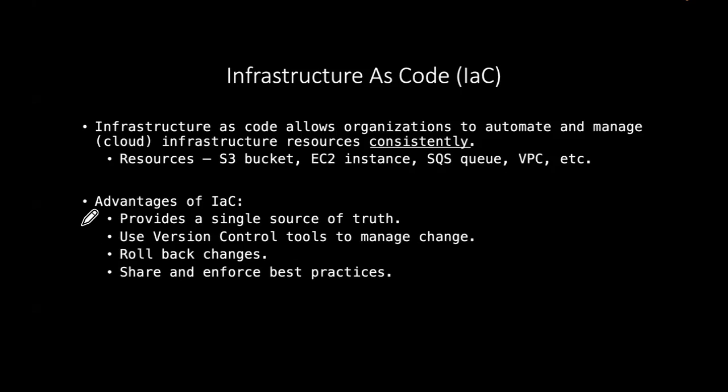So we get all the benefits associated with version control and version control tools and repositories and all of that. We get all of that for free, if you like, by implementing our infrastructure creation in an automated way using the infrastructure as code approach.